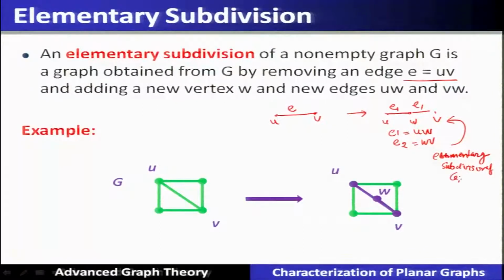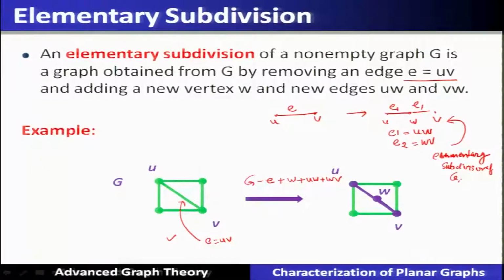For example, if this is the graph, now this particular edge we will consider. We will take this graph without this particular edge, and we will add one more vertex and two more edges, that is uw and wv.